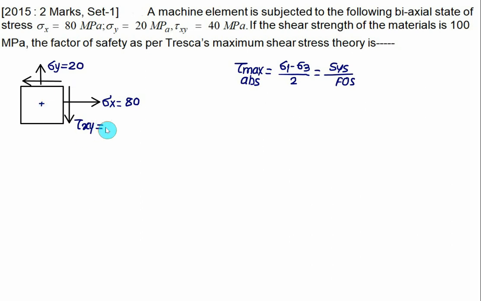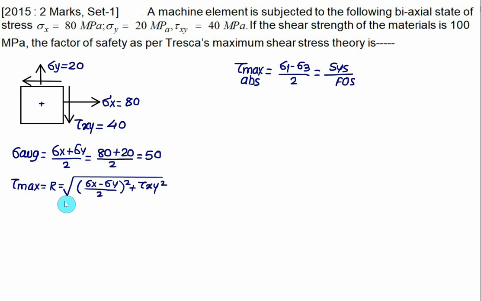So this value of tau xy is given as 40 megapascal. So we have sigma average as (sigma x plus sigma y) by 2. So sigma x equal to 80 plus sigma y equal to 20, that is 100 divided by 2. So in this case, we'll get sigma average equal to 50 megapascal.